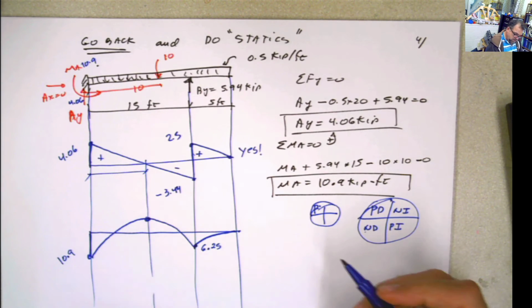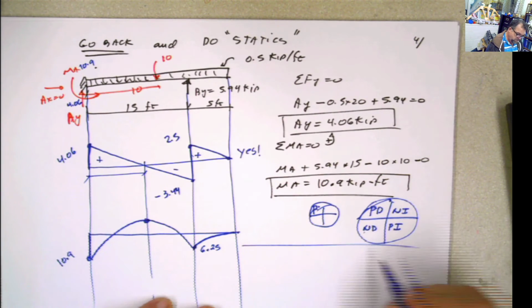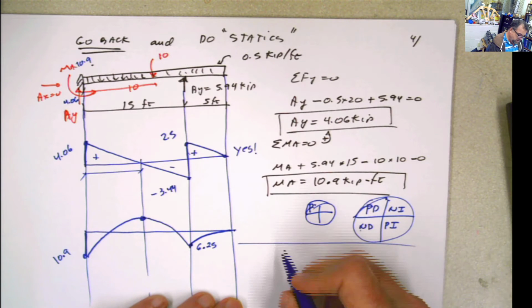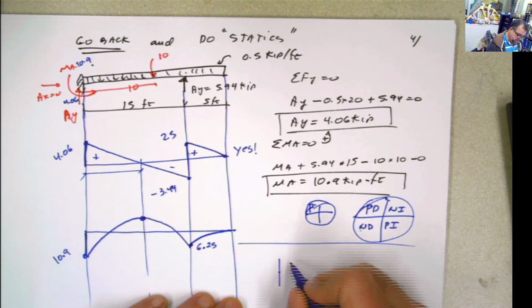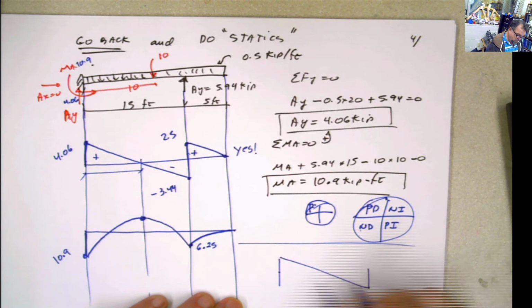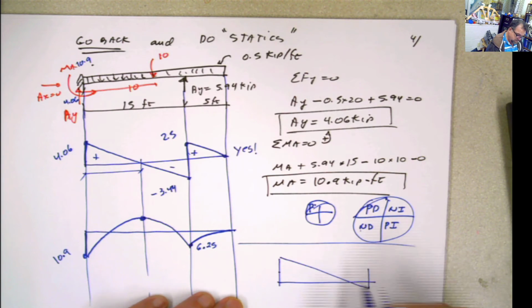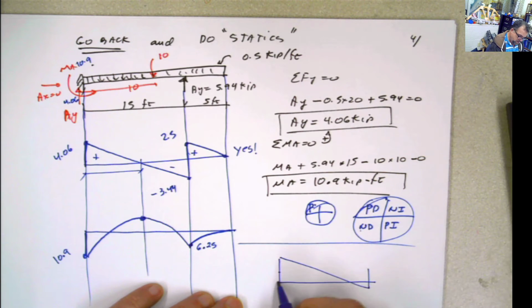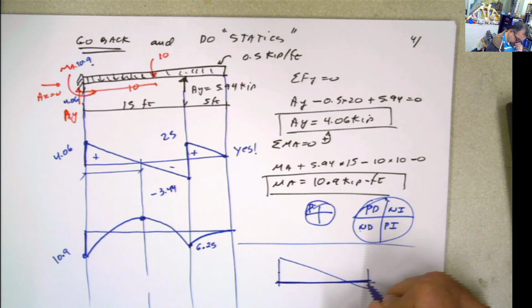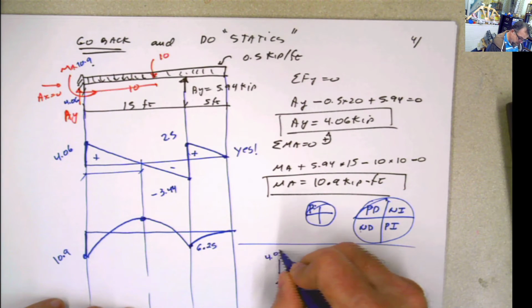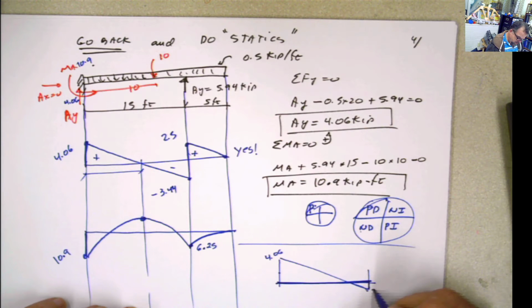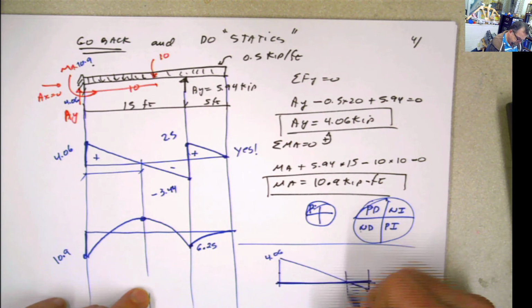You can do a triangular relation if you want, and what I like to do, I'm going to explain it again. If this is the shape that you have over there, which is not quite, but let's assume this is the shape, and this is 4.06 and this is 3.44.